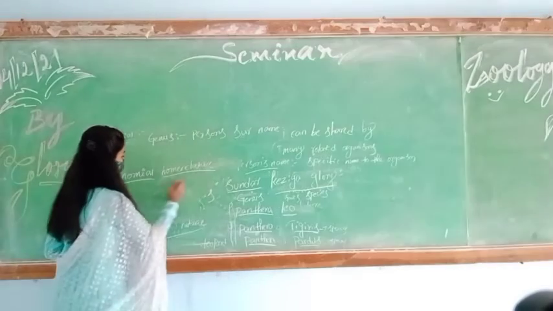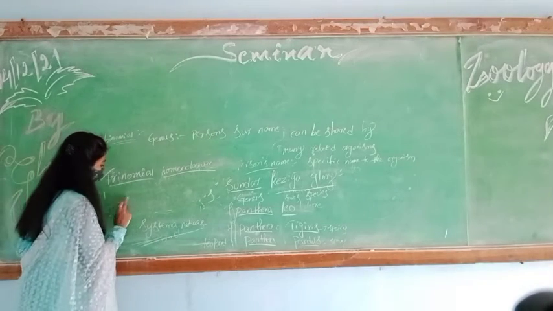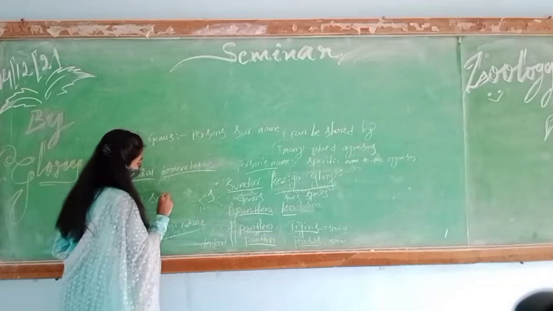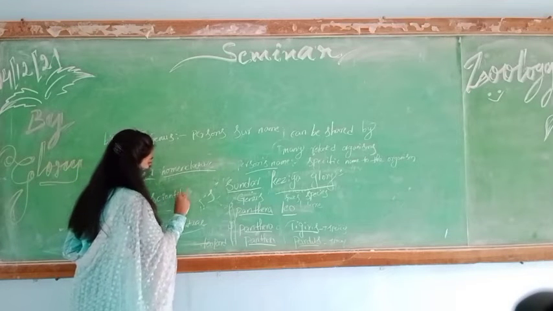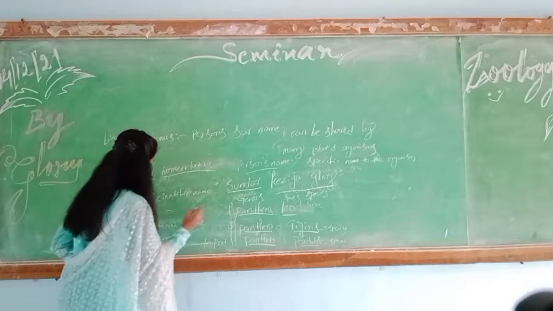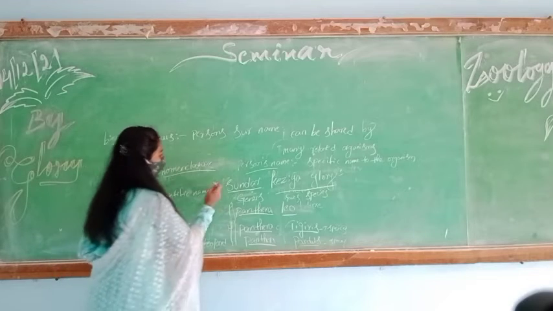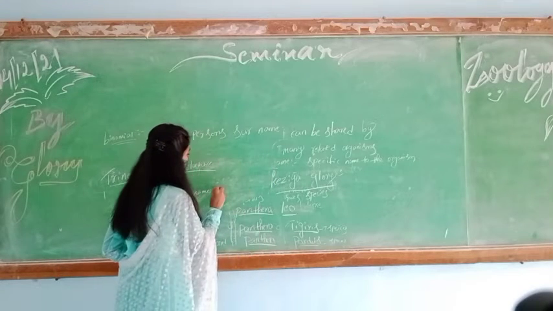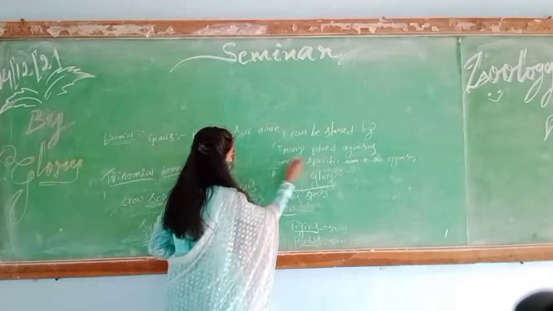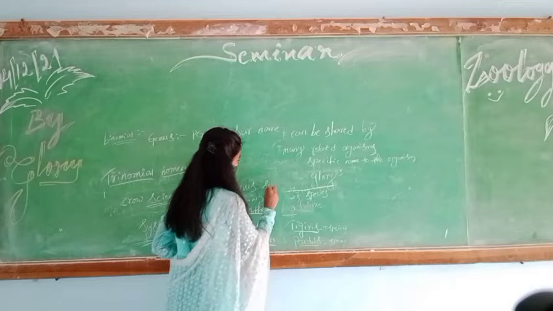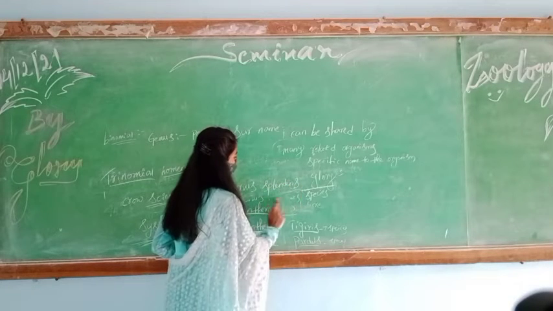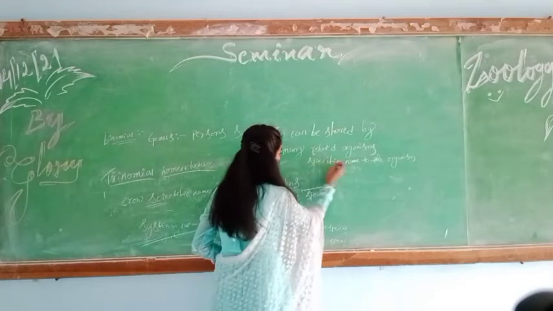For example, the crow's scientific name is Corvus splendens.